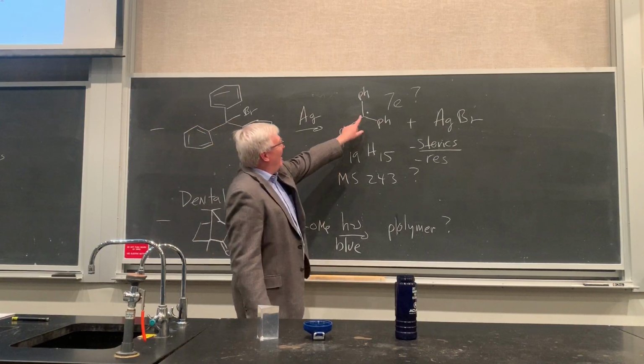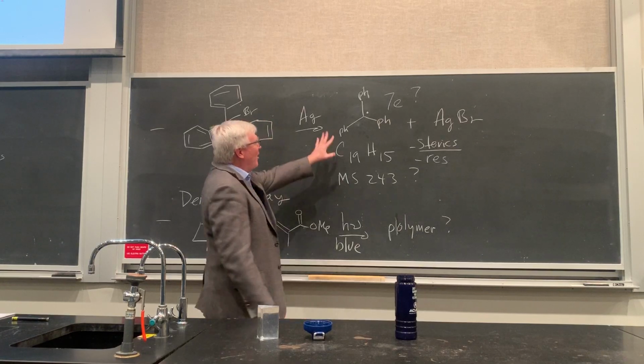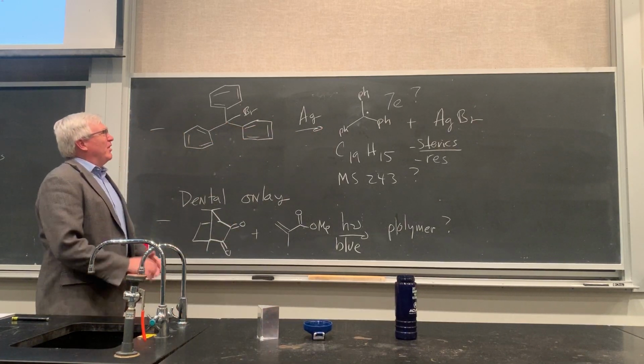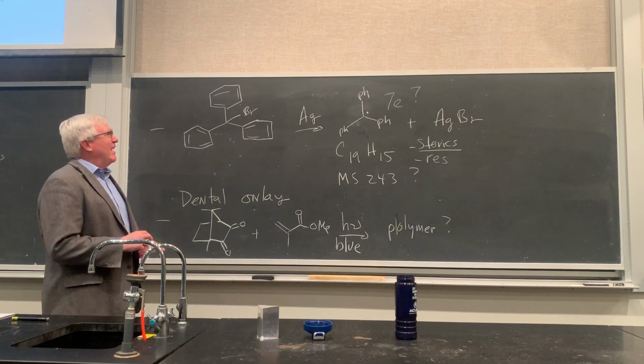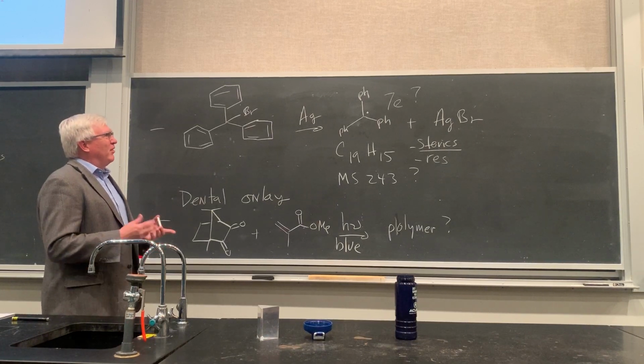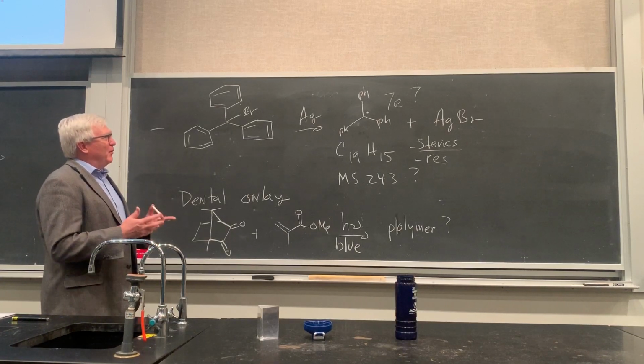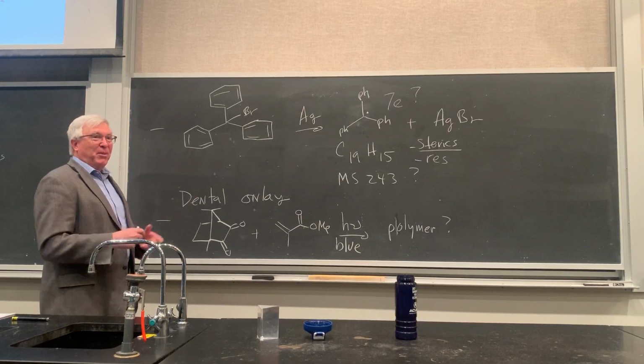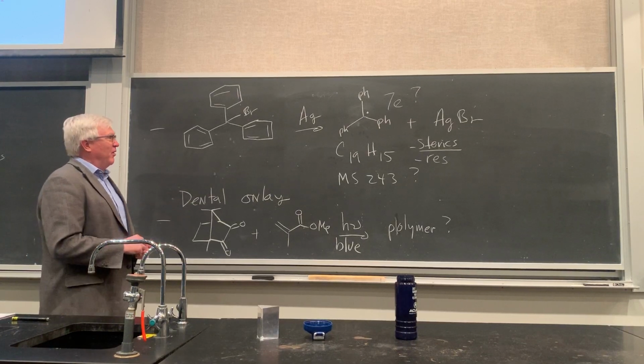And it is this odd electron species here. A lot more I could say about that. It was discovered by Moses Gomberg at the University of Michigan in the early 1900s and really puzzled chemists for a long time. The theory and the characterization of the molecule really took a long time to figure out. And it kind of opened up this radical chemistry that we're talking about.